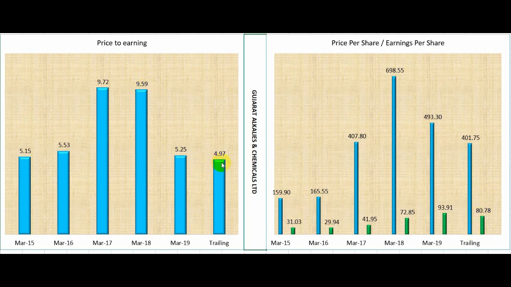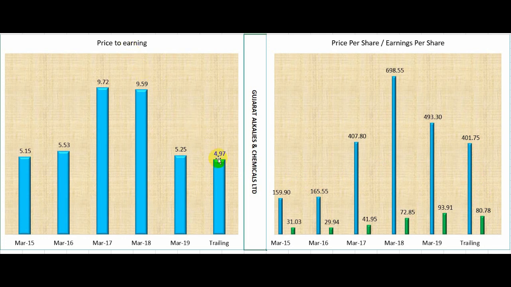In the recent 12 months, the latest price earning multiple is 4.97. The company's earnings per share has increased to 80 rupees, and the price has also come down to 401 rupees. So now it is much more reasonable and a good buy in terms of price to earnings ratio.